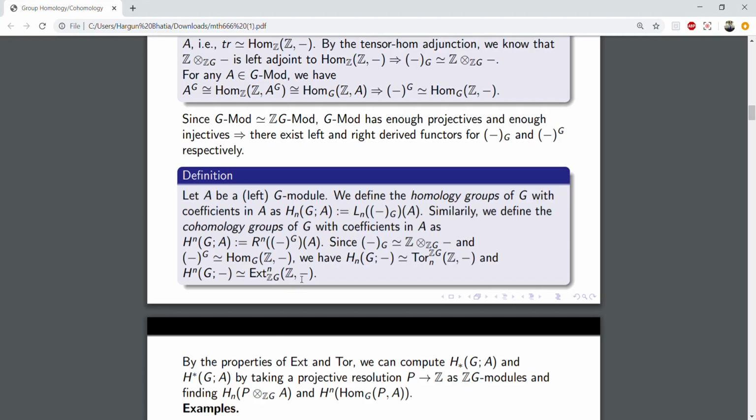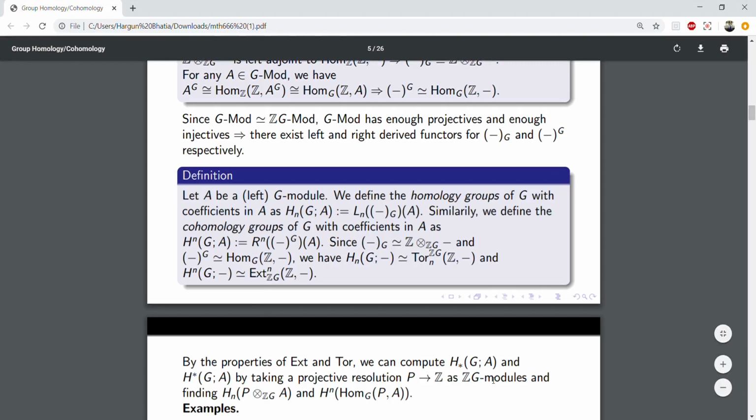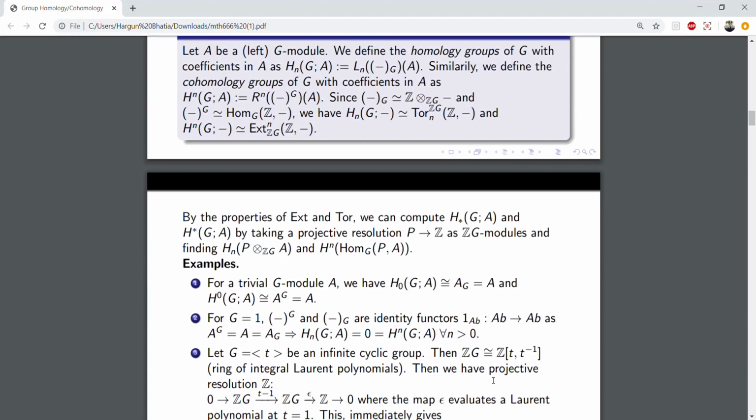I can take a projective resolution of Z, and then apply the functor Hom_G(-, A). It's a contravariant functor, so it turns the chain complex into a cochain complex, and then we apply the nth cohomology to compute this. So let's see some examples of this computation.